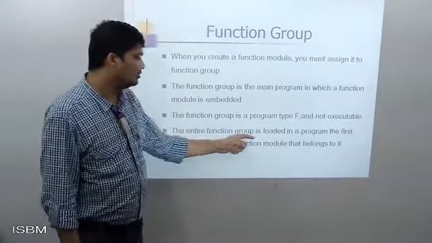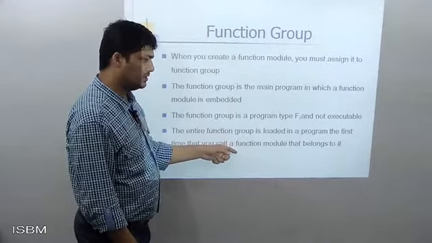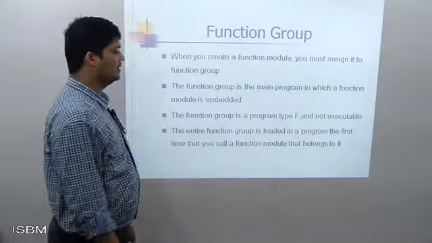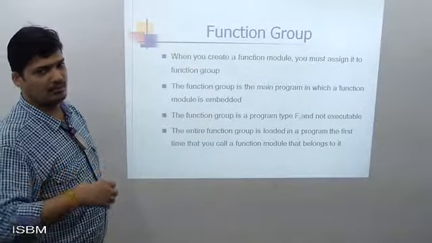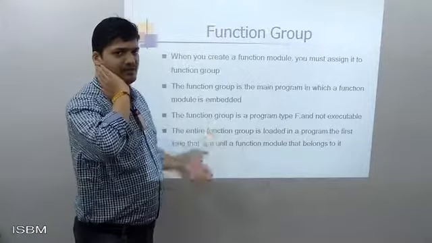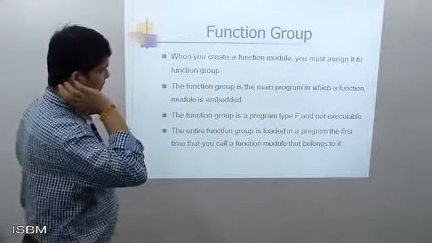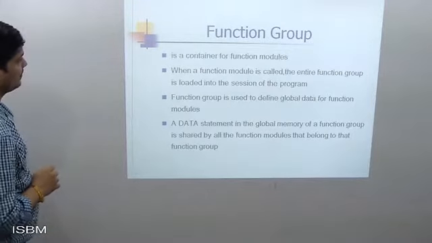The entire function group is loaded in a program the first time that you call a function module that belongs to it. So when you call that function module, the first time the function group program will run. That is all about the function group.